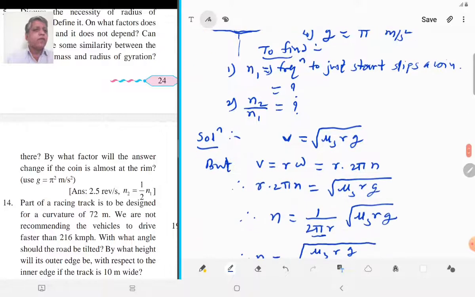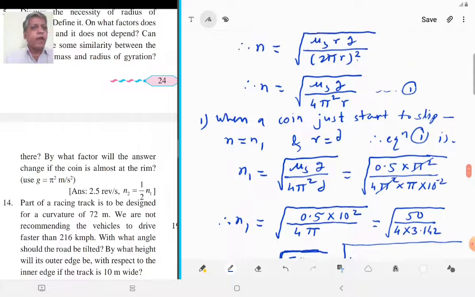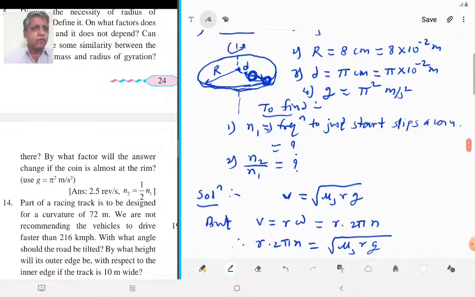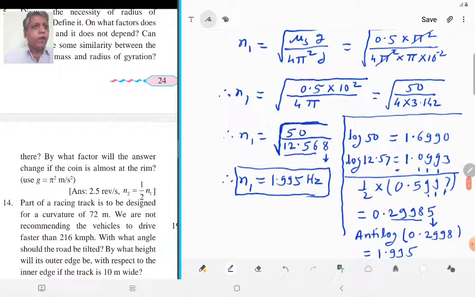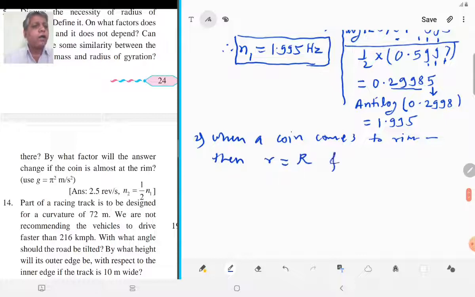At that time, the frequency is considered n2 and the radius is capital R. Therefore, when the coin comes to the rim, small r is equal to capital R and the frequency is n2.